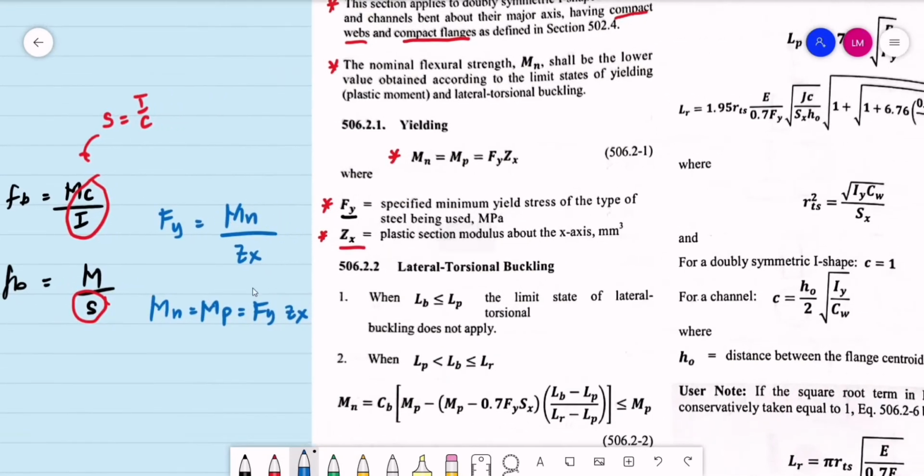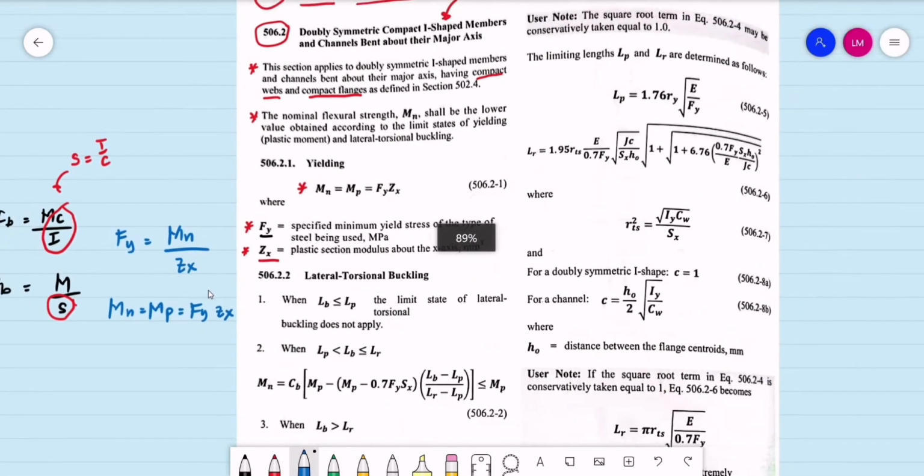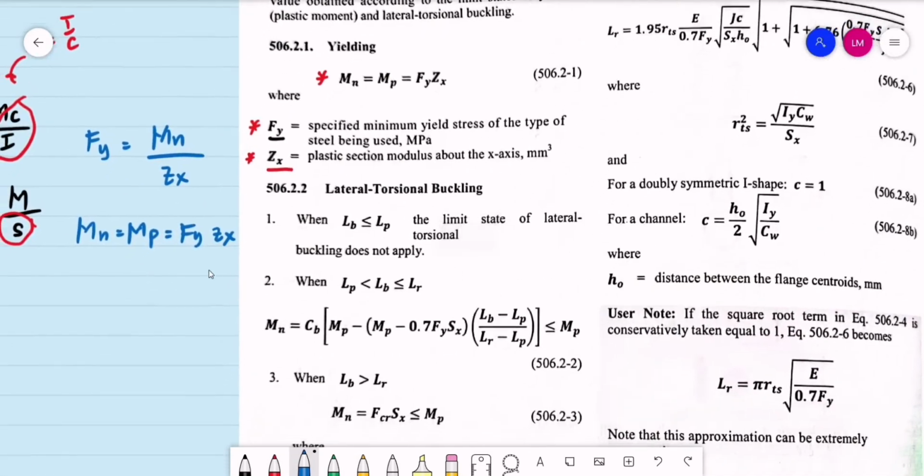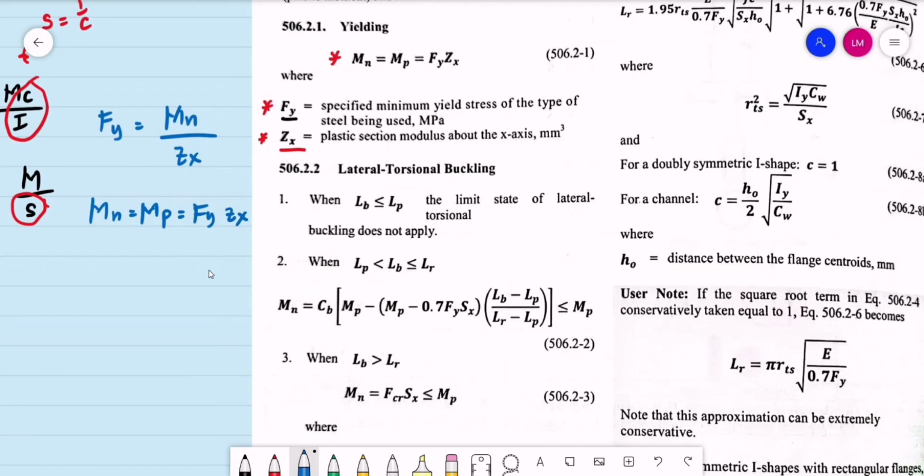Here in steel design for flexural members, we have 3 zones. It depends on the value of L sub b, which is defined as the unbraced length of our flexural member.